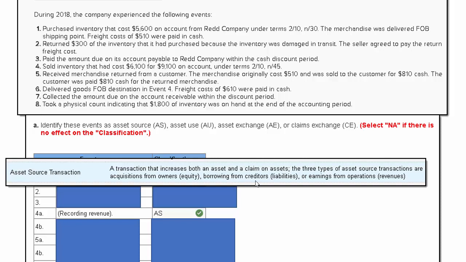You're issuing debt to somebody else, and that increases cash in the business. Or there's earnings from operations in the form of revenues, and that's what we have with number 4. Sales are a form of revenues. So in this case, we have an asset source transaction as a result of selling something, having revenues. So the claim, if you will, accrues to the owners.